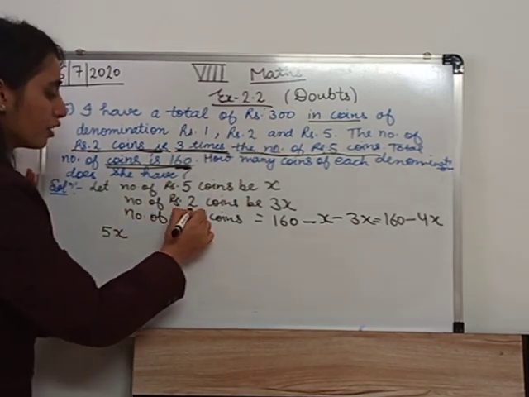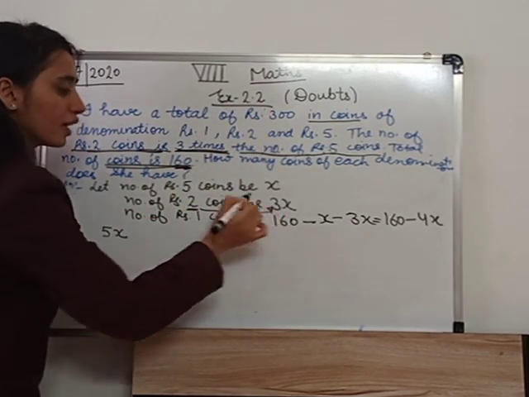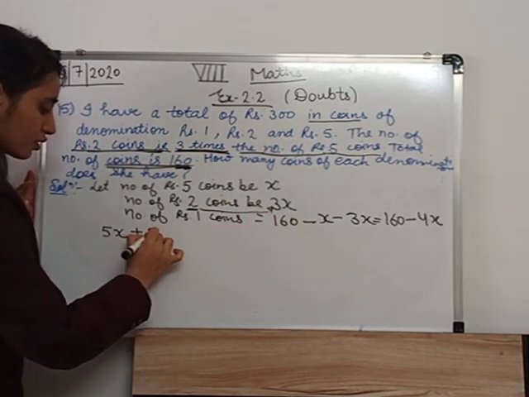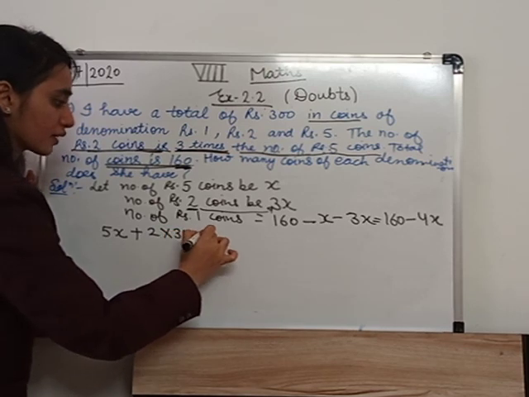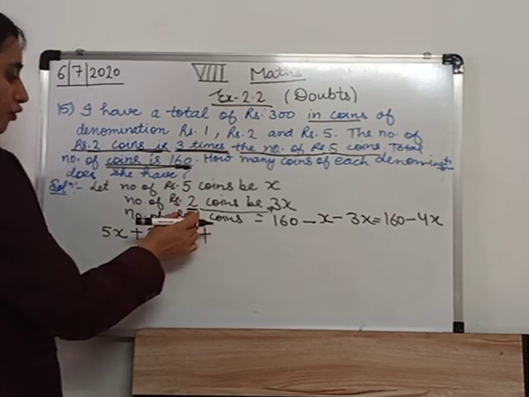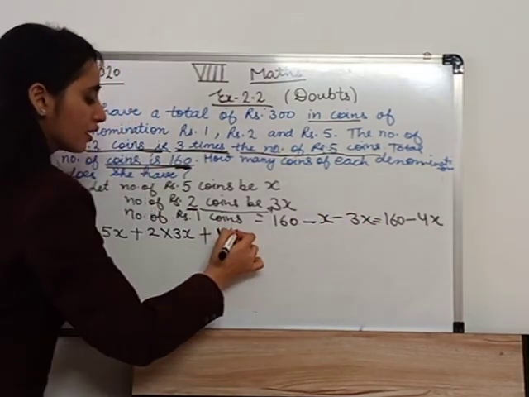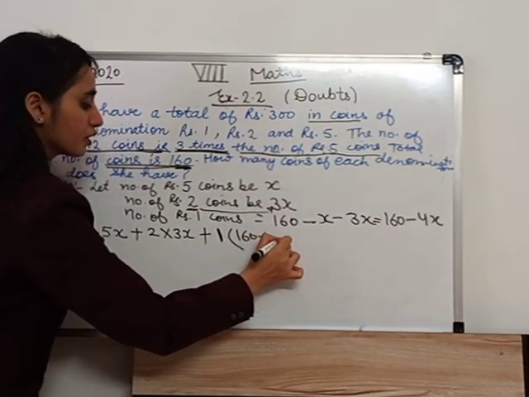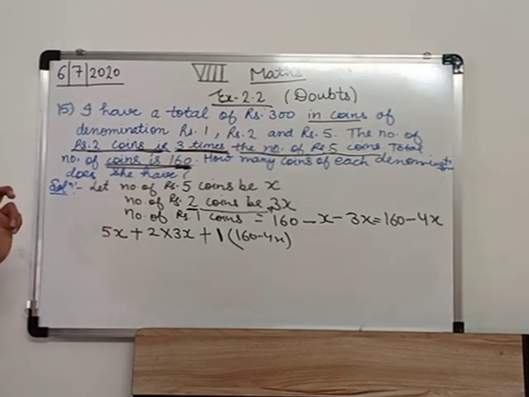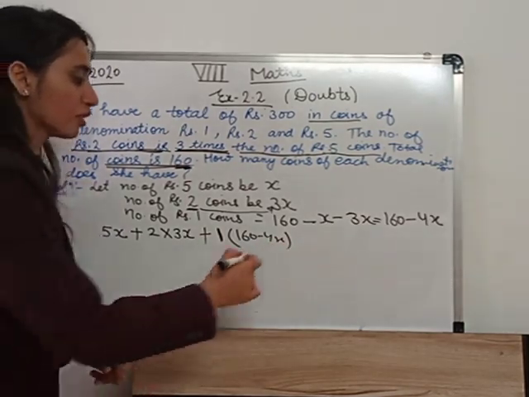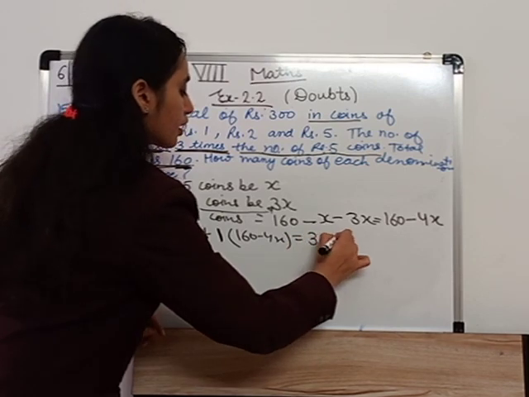Now the number of rupees 2 coins is 3x, then the total amount becomes 2 into 3x. After that plus, for rupees 1 coins, 1 is multiplied with 160 minus 4x because the number of rupees 1 coins is 160 minus 4x, and this total amount is equal to 300 rupees.